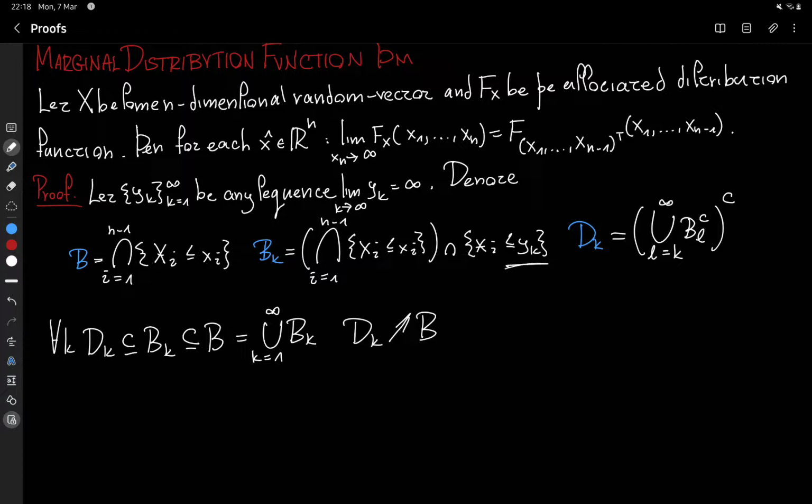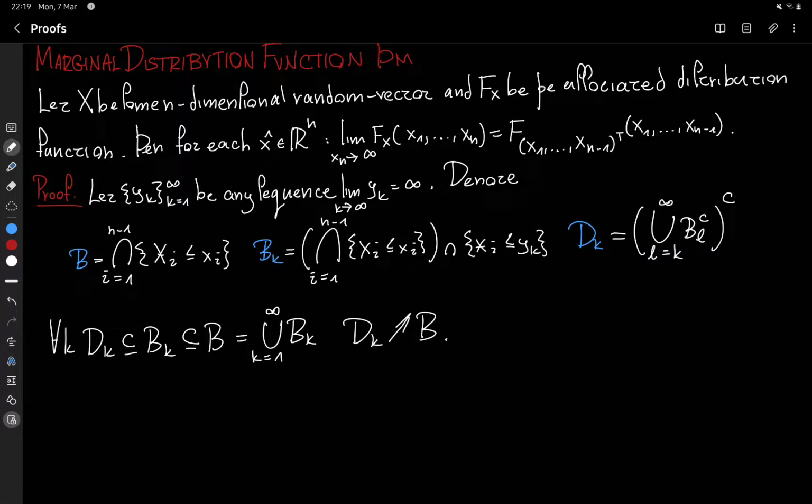So here the y_k goes to infinity. We know that as k approaches infinity, y_k approaches infinity from up here. So this will be just equal to B. So in the end, it will be just some intersection of something that looks more and more like B. So eventually it will be B. That's the informal way of looking at it. Formally, you could write it out using De Morgan's rules and some other juicy tactics, and it would be obvious.